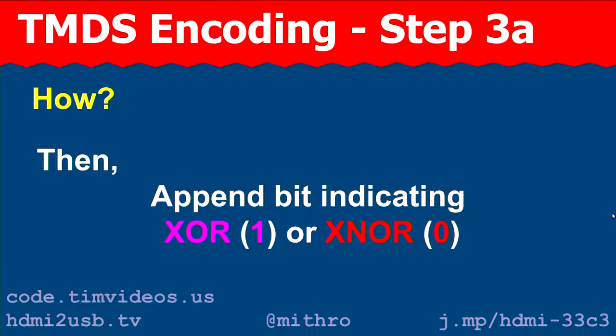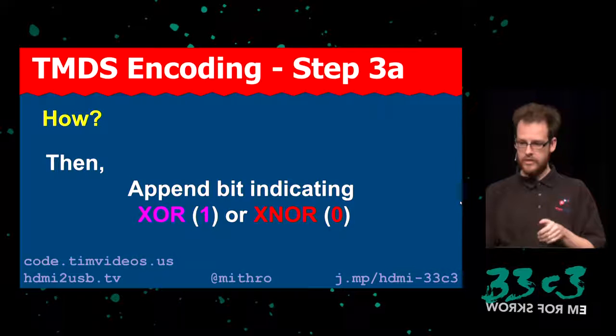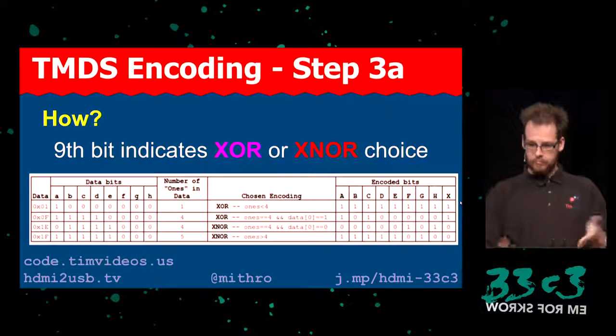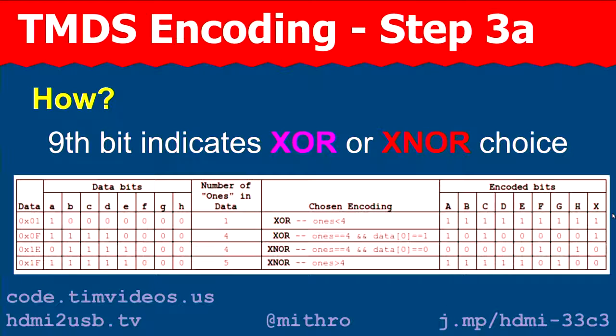And then we append a bit on the end that indicates whether we chose XOR or XNOR encoding of that data. And so that converts our 8-bit input pixels to 9 bits of encoded data. Effectively, our 8-bit encoded sequence, and then 1 bit to indicate whether we chose XOR or XNOR encoding for that data. So that's it there.